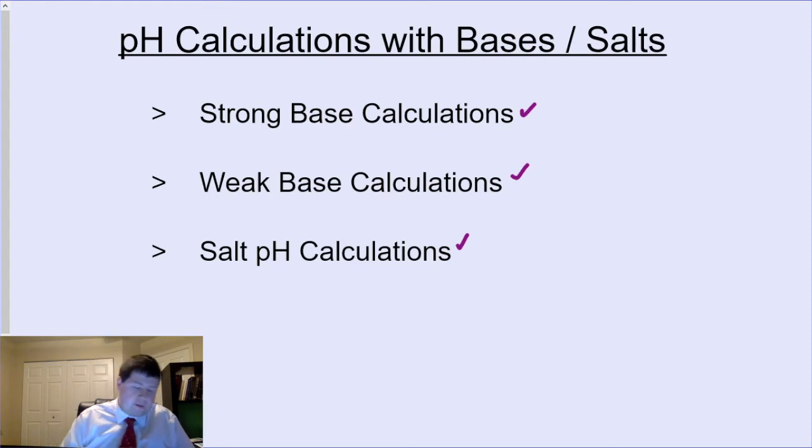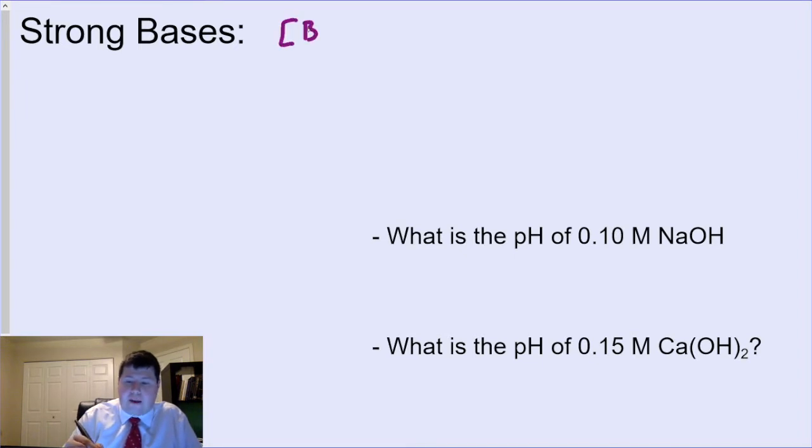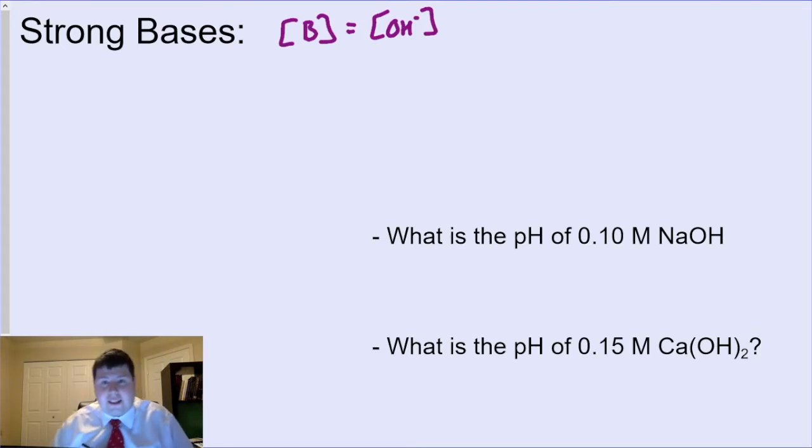To take strong bases first, we know that strong bases, like strong acids, do not exist in equilibrium. Their ionization reactions go to completion. And so, because of that, the concentration of my base in solution is going to be equal to my OH minus concentration.